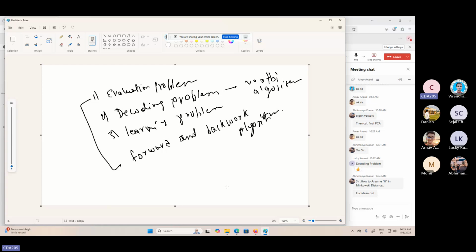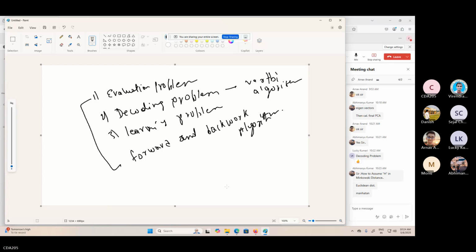And when h is equal to 1, that is the Manhattan. So according to the application we have to take.